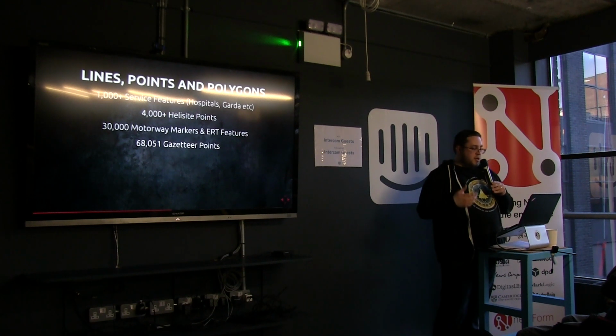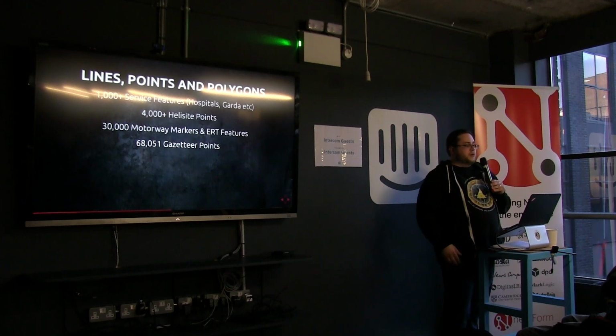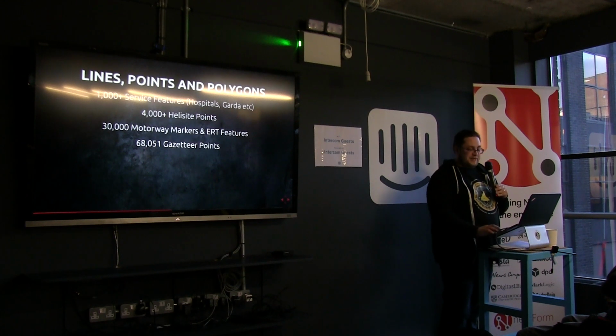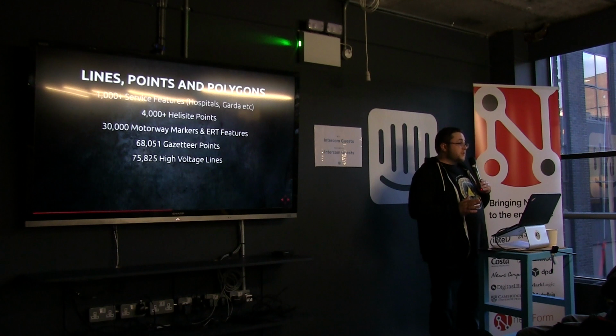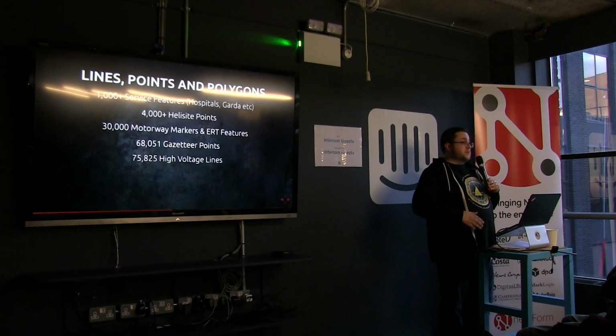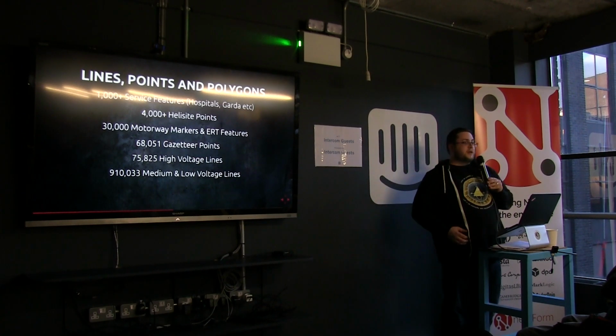So we've 68,000 gazetteer points, so strange, obscure rural areas that no one would ever know, if you're looking for Craggy Island, stuff like that. About 75,000 high voltage power lines, so the ones on the tall pylons. Close to 1 million medium and low voltage lines.